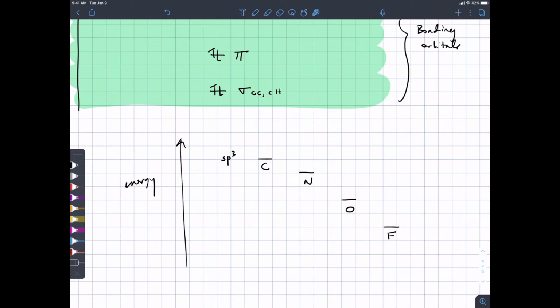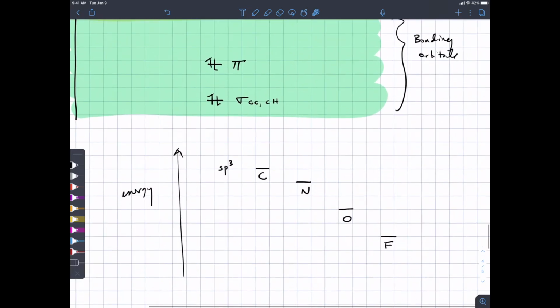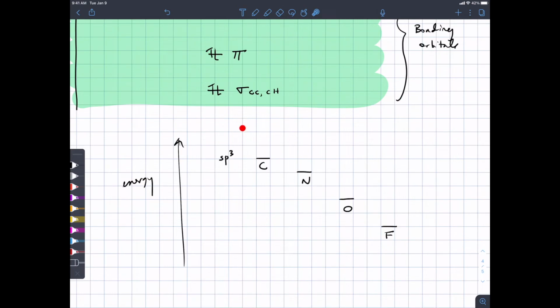So by that analogy, sigma bonds that come from carbon bonded to something electronegative, like nitrogen, oxygen, fluorine, chlorine, are going to be lower in energy than carbon-carbon or carbon-hydrogen bonds. This is a change relative to the study guide.